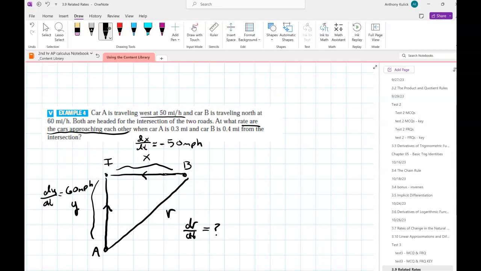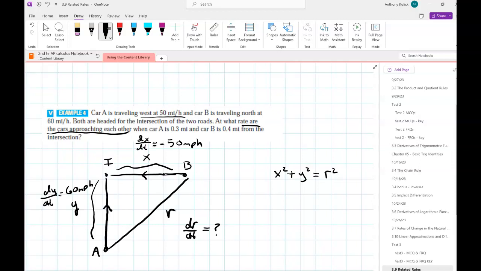Okay, what equation is going to relate the variables in this problem? Pythagorean theorem. And do we know x, dx/dt, y, dy/dt, and r?